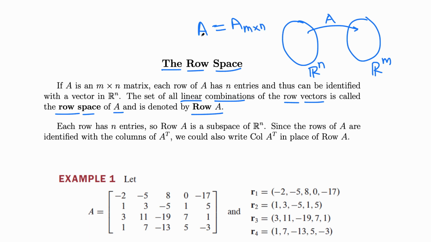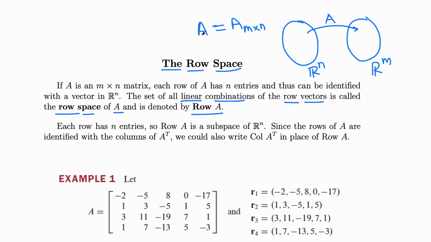Okay, so the rows of A are vectors in Rn. The columns of A, we saw long time ago, are vectors in Rm, by the way.